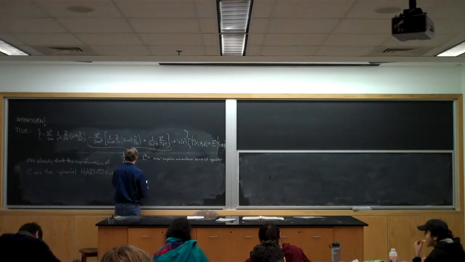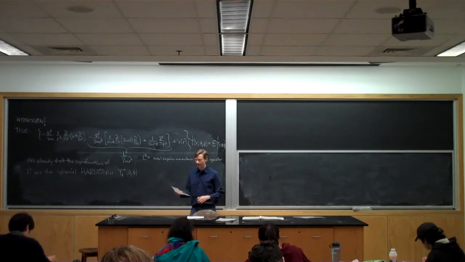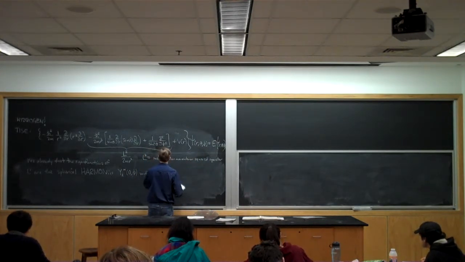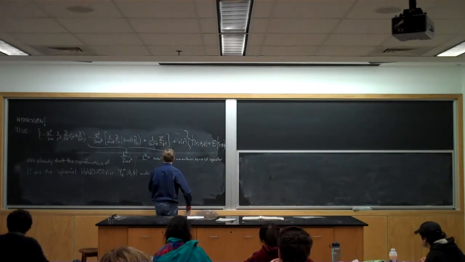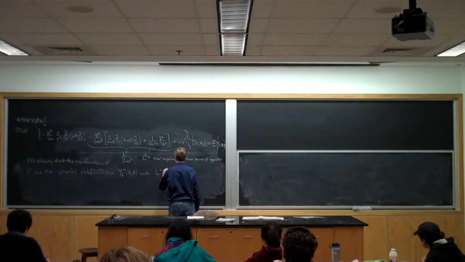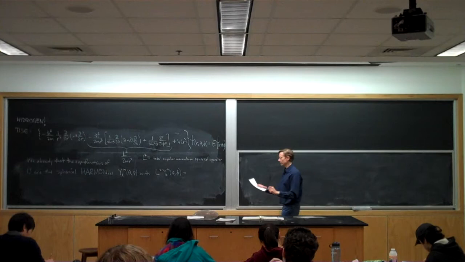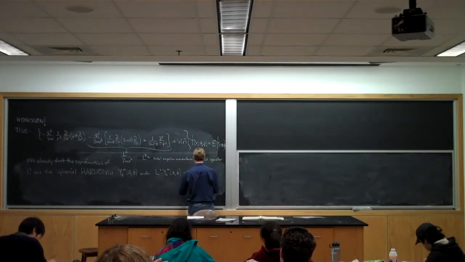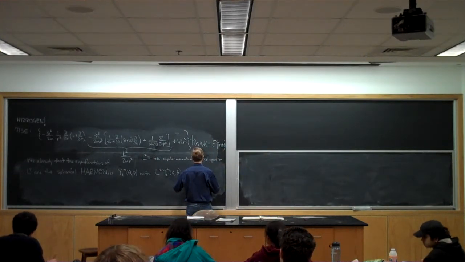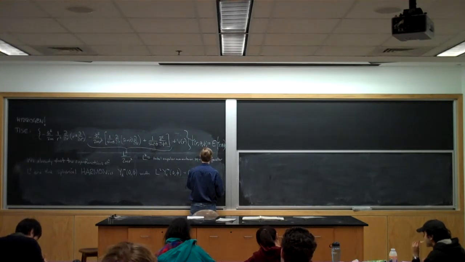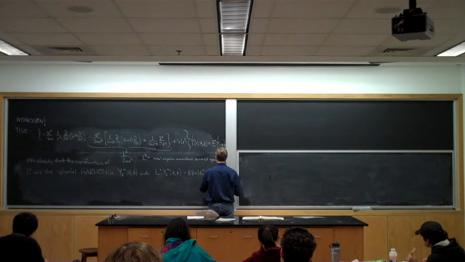Y_L^M of theta and phi, with the L squared operator applied to Y_L^M of theta and phi giving back the eigenvalue h bar squared L(L+1), no minus, times Y_L^M of theta and phi.